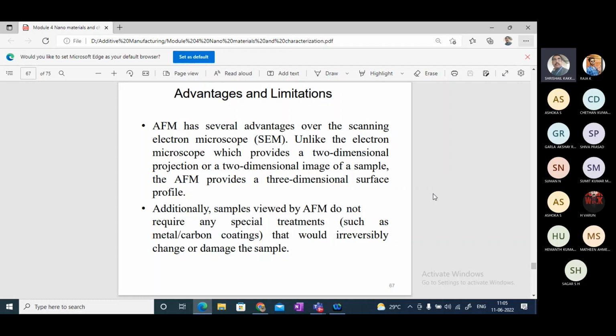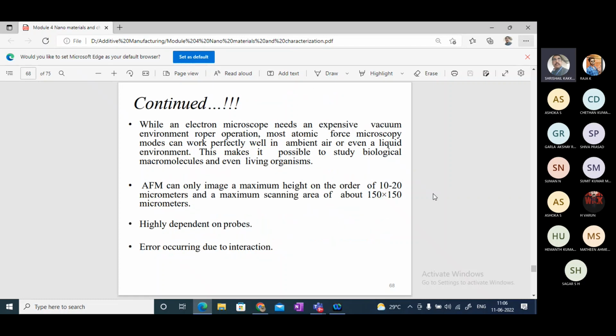One of the important advantages of using this is that we need not go for preparation of a specimen. The specimen need not be treated for the opaque surface and all this. It is one of the important advantages of atomic force microscopy.